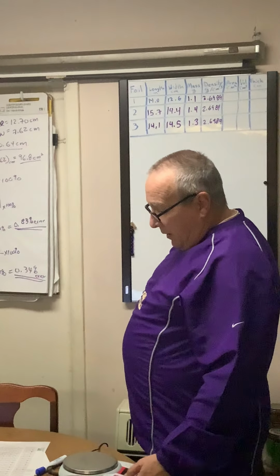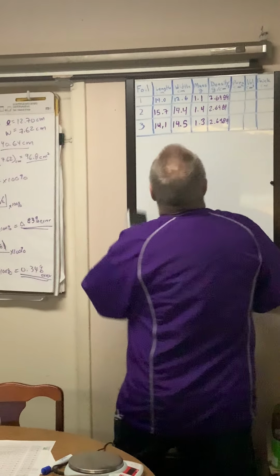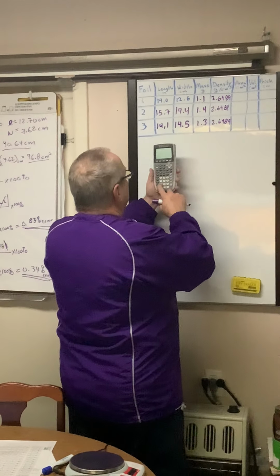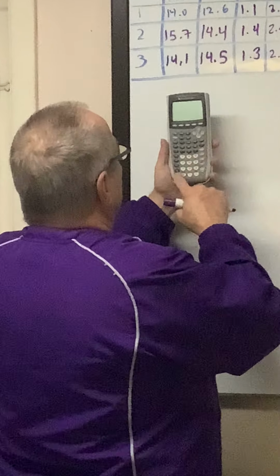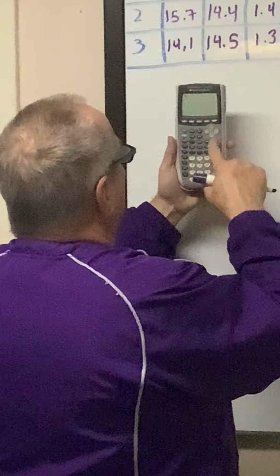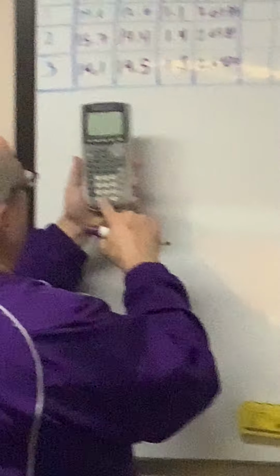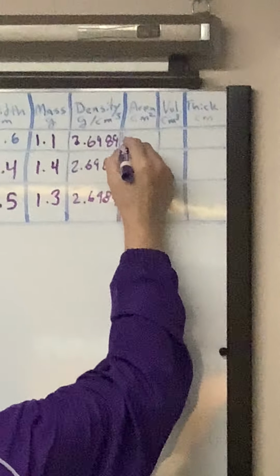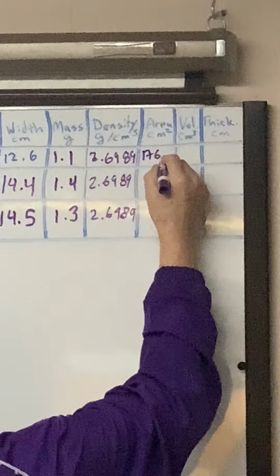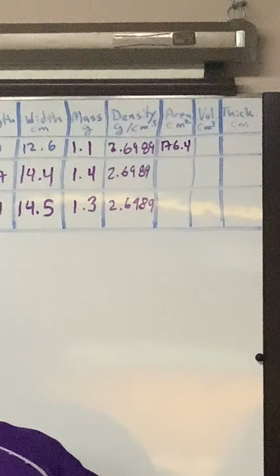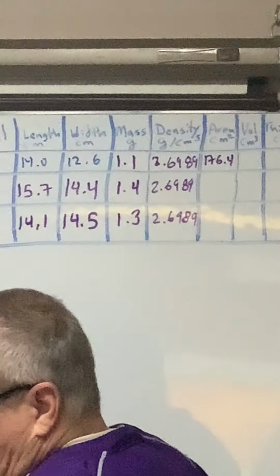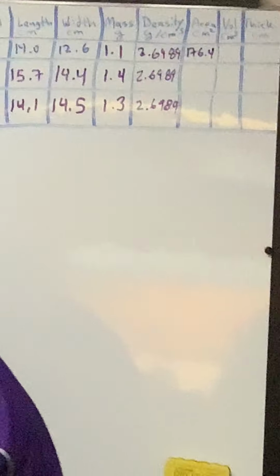And the next thing I need to do is multiply 14 by 12.6. And when I do that, I get 176.4 square centimeters. I'll take it out to the 10th place because that's where it started.